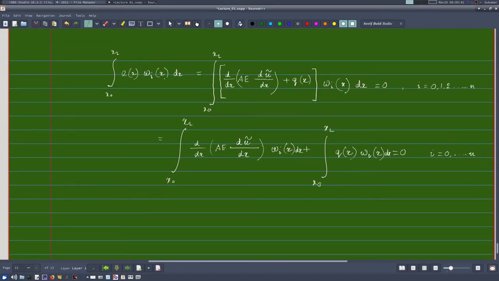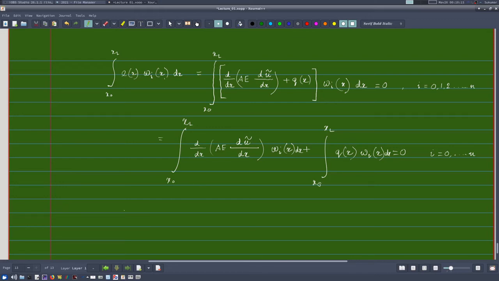So this first integral contains second order differentiation of two functions, and therefore I will now use the formula for integration by parts. By doing integration by parts, I'll first write down the boundary terms. You see here A and E are functions of x, and that's why I have put them within the d/dx sign.